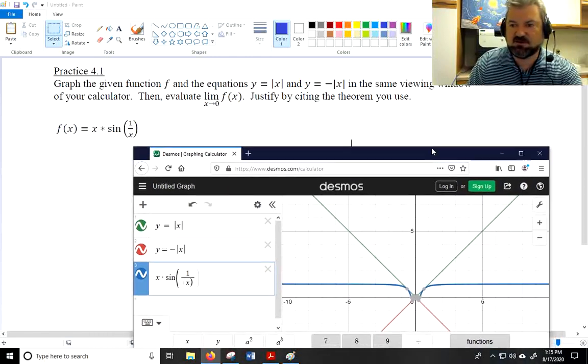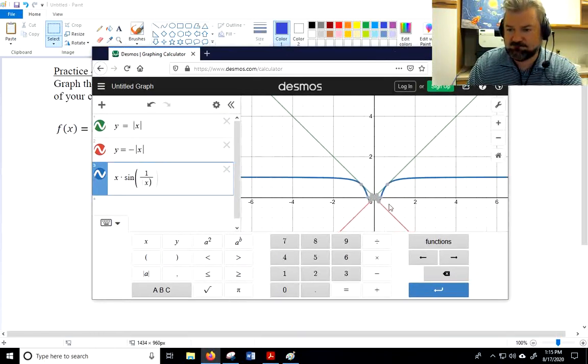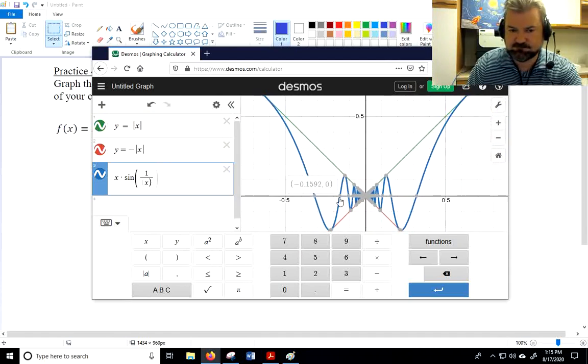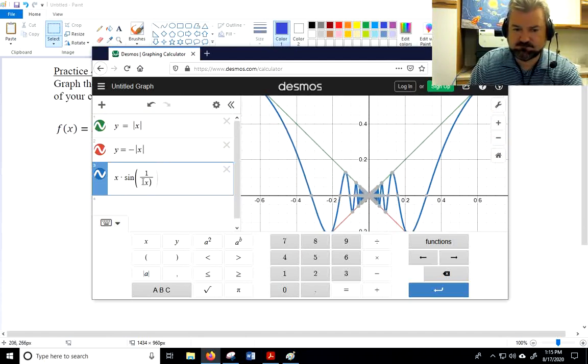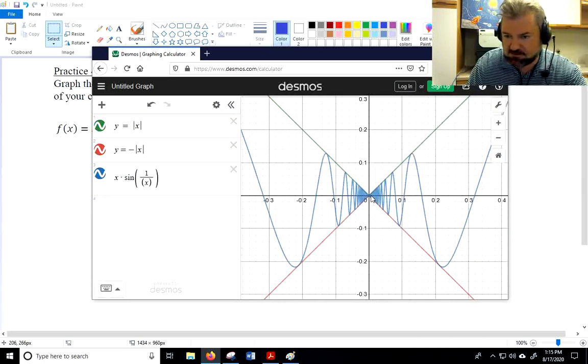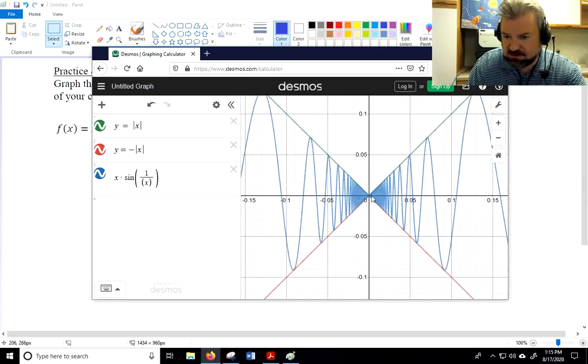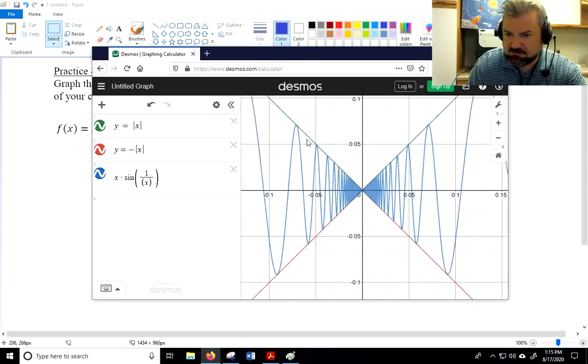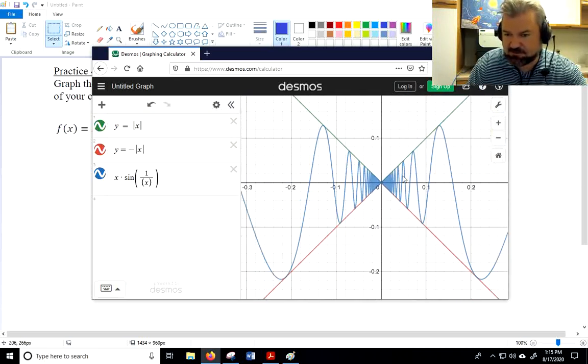And let's take a look at that. Well, I definitely don't know what's happening right here at the middle. In fact, I could zoom in and in and in, and you'll see that this gets more and more erratic in there. But it's always bounded between there.